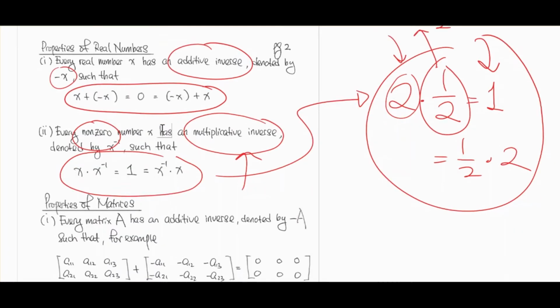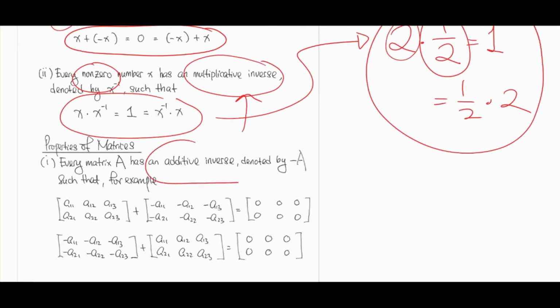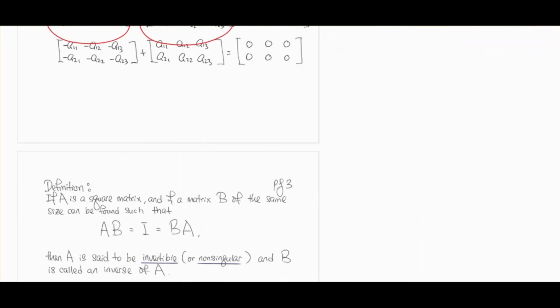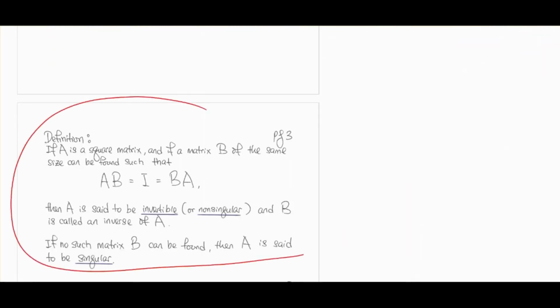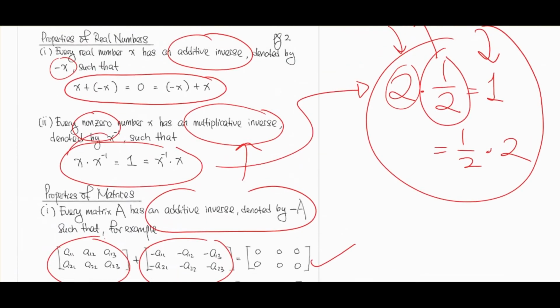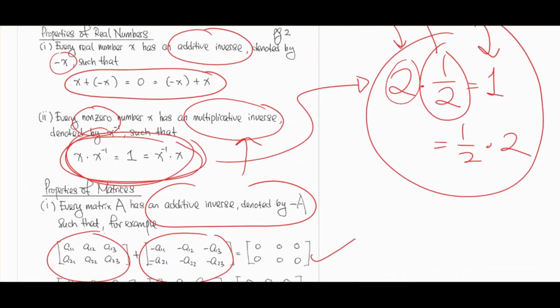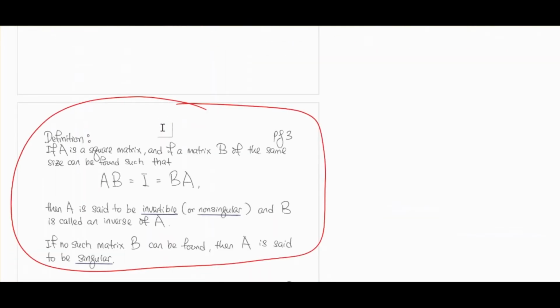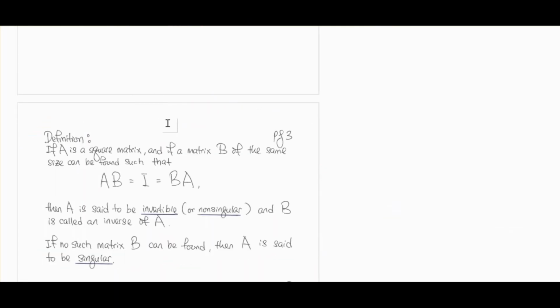So for matrices, having an additive inverse is pretty straightforward. For matrix A, the additive inverse is like this, right? And the multiplicative inverse is a concept that we want to talk about, which is the inverse of a matrix. The multiplicative inverse is something that looks like this. So we're going to give you the definition for a matrix that is invertible.